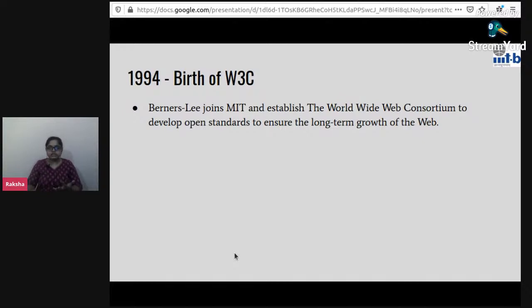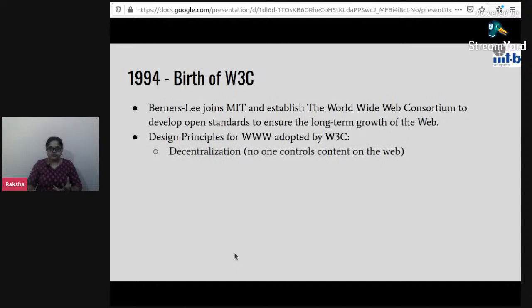Initially, they came up with 5 design principles for the web to grow. The first design principle was that the web will be decentralized. Nobody will control what should happen on the web, and not one single person can say that this is the content that has to go on the web.